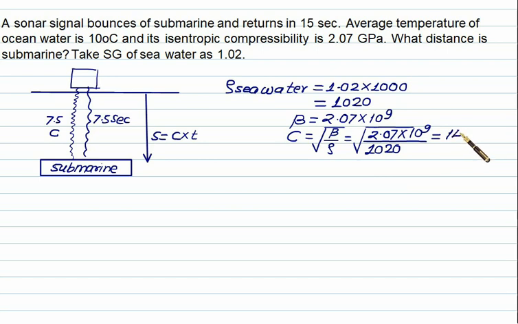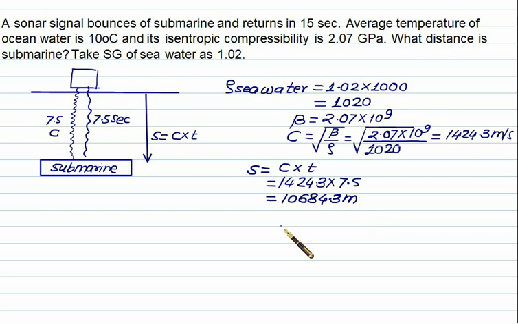That is 1424.3 meter per second. Hence, the depth of submarine S is given by the product of C multiplied by T. We have C is equal to 1424.3 multiplied by 7.5, equal to 10684.3 meters or 10.68 kilometer.